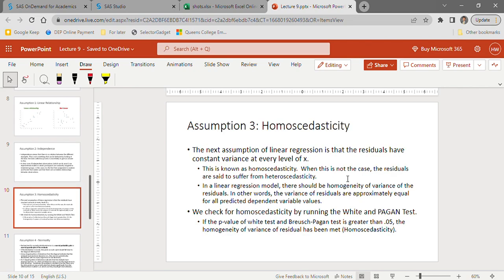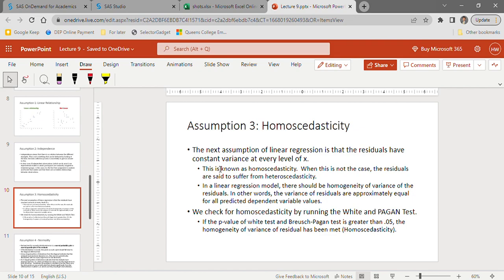Very good. The next assumption that we're going to look at is homoscedasticity. I think I got that right. The next assumption of linear regression is that the residuals have a constant variance at every level of x, right? This is what is known as homoscedasticity. When this is not the case, the residuals are said to suffer from heteroscedasticity, right? So again, we're going to go more into this one, and I'm going to practice how to pronounce these a little bit more.